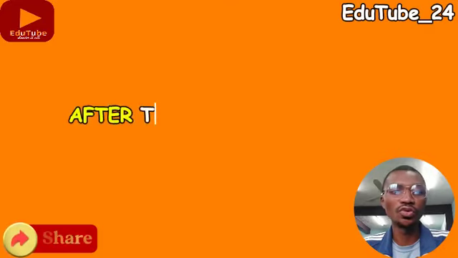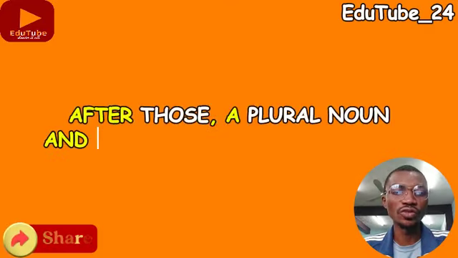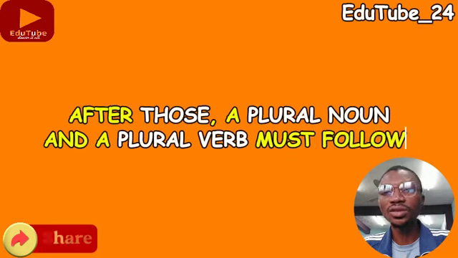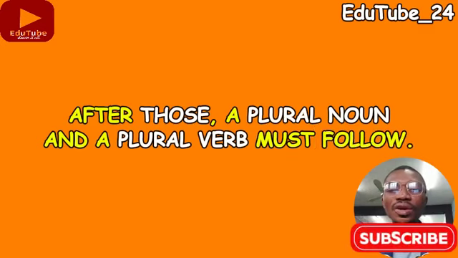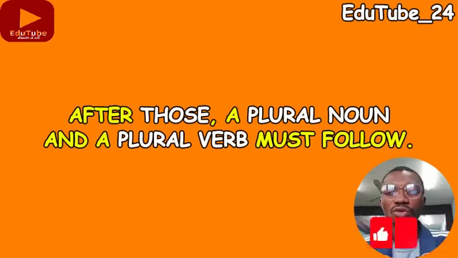After those, a plural noun and a plural verb must follow, just like commandment number 21. Commandment number 20 is almost the same thing as commandment number 19, while commandment 22 is the same thing as commandment 21.